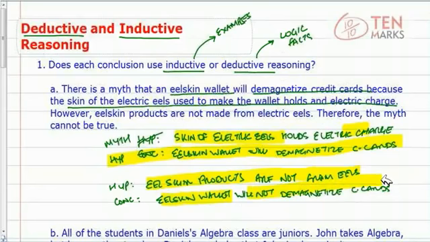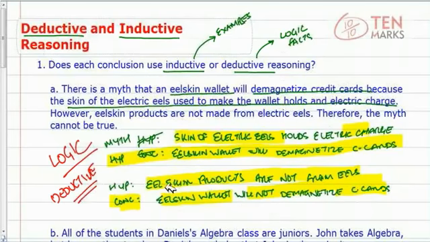This conclusion is true because the product eelskin wallet is not made from eels, and therefore it cannot hold an electric charge anyway. Since this is based on logic and facts, this is deductive reasoning. I deduced that since an eelskin wallet is not made from eels, there's no question of it demagnetizing cards because it does not hold an electric charge. Therefore, this is deductive reasoning.